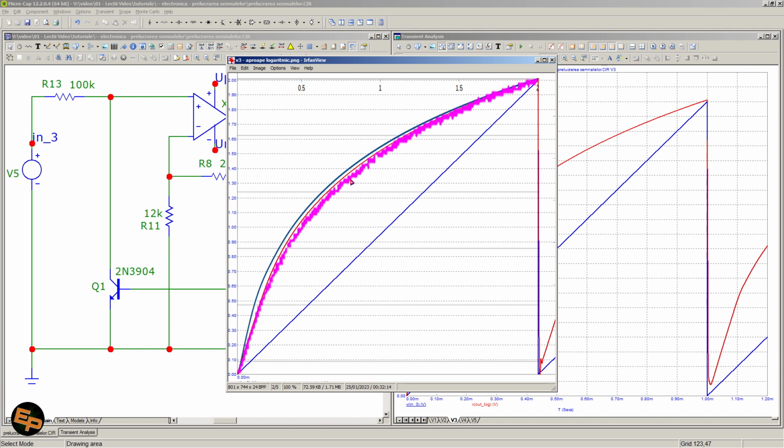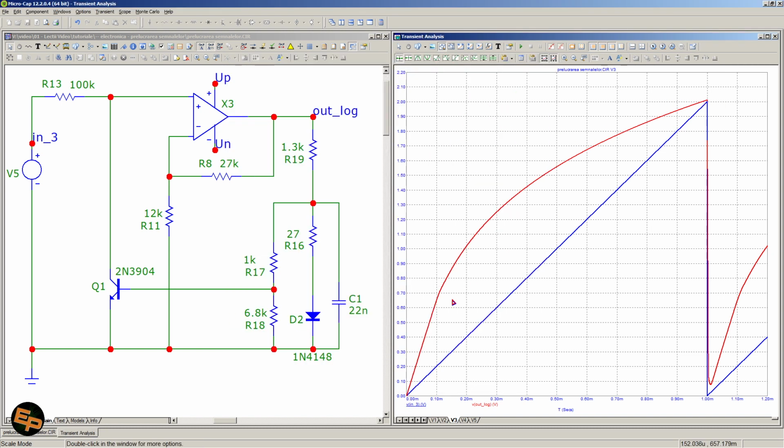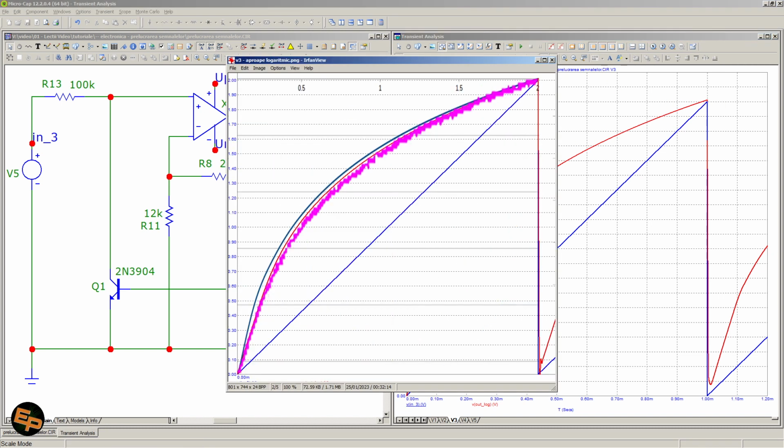The smaller red curve that is barely visible is very close to this theoretical curve. The smaller red curve is the one that we have here with our simulation, and this rather nasty thick purple curve is the one that we have in practice, the one that I've actually obtained on the breadboard, testing this practically.